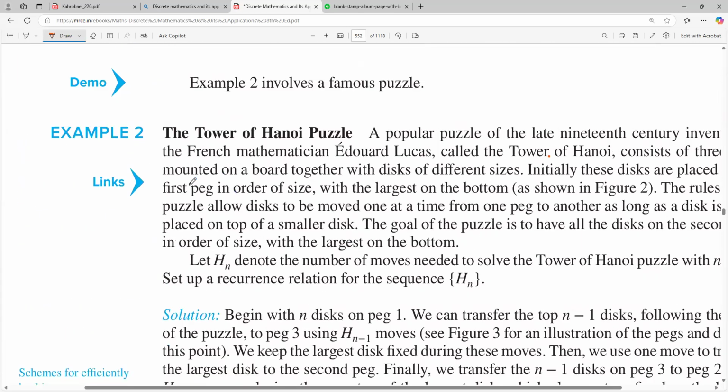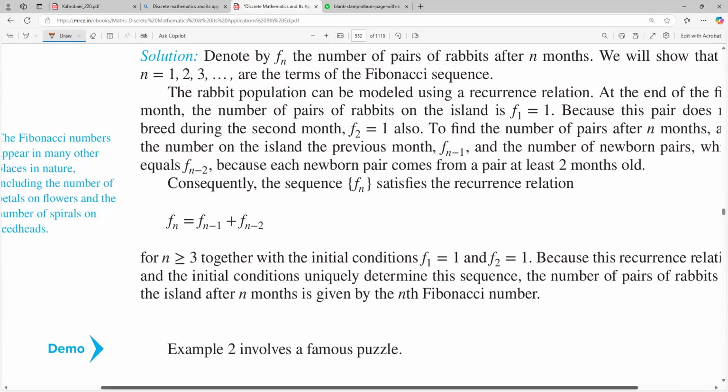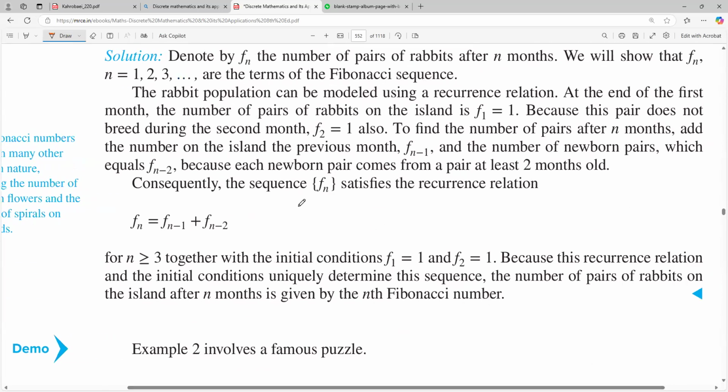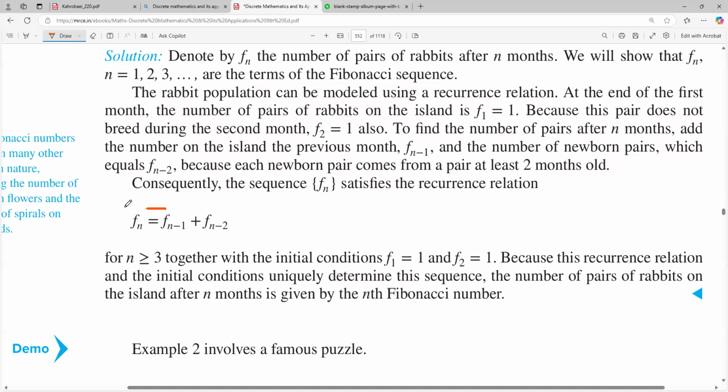Okay, so the whole idea of recurrence relations is that this is one way you could show recursion through a formula. A recurrence relation is basically whenever a current value is based on previous values.